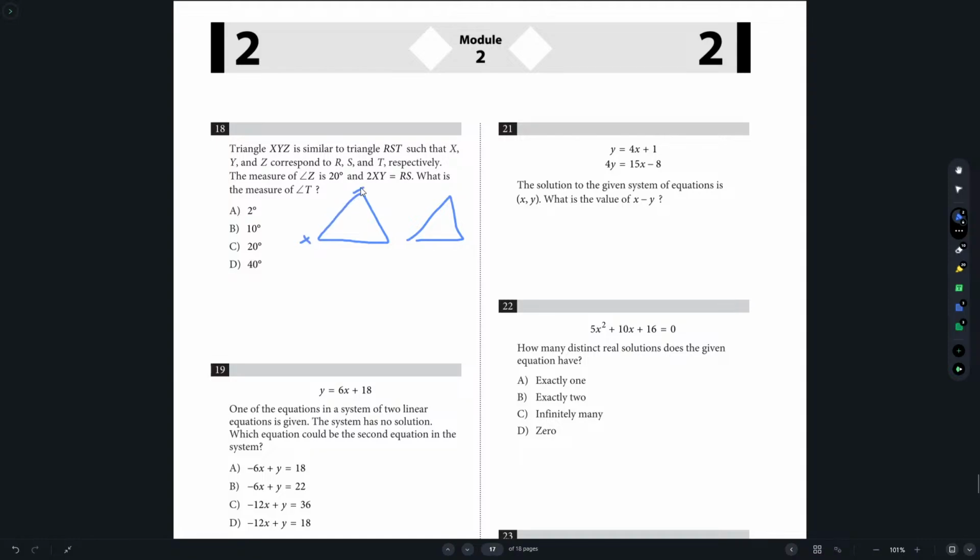X, Y, Z, R, S, T. This is 20. This is also 20. The measure of angle Z is also 20.